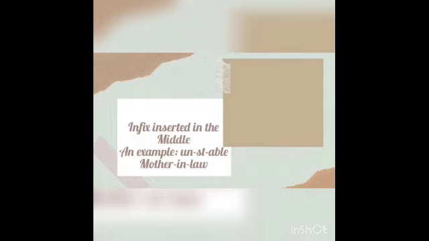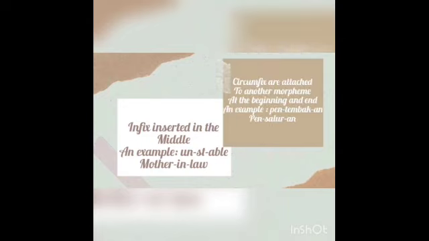Infix adalah imbuhan yang disimpan di tengah kata. An example: unstable, mother-in-law. And the last, circumfixes are attached to another morpheme at the beginning and the end. Jadi circumfix adalah imbuhan yang berada di awal dan di akhir, namun mereka tidak bisa dipisahkan. Contohnya, pentembakan menjadi penembakan, pensaluran menjadi penyaluran.